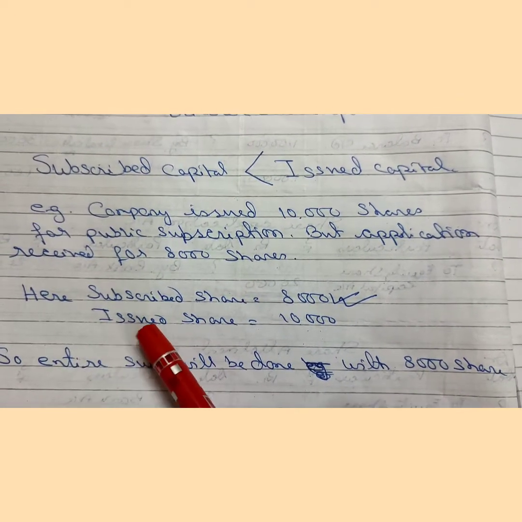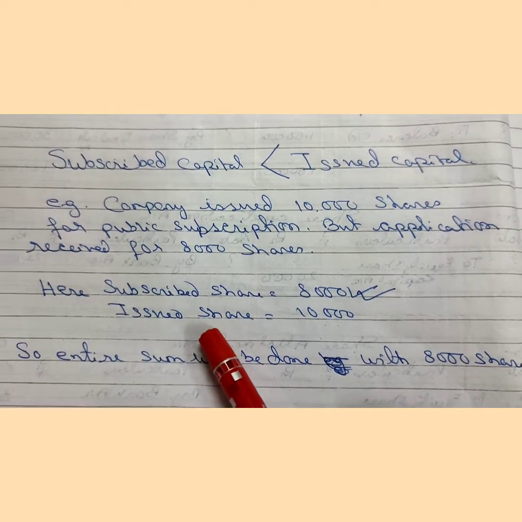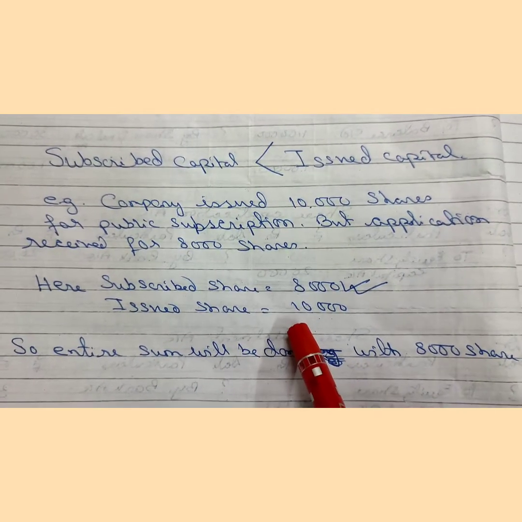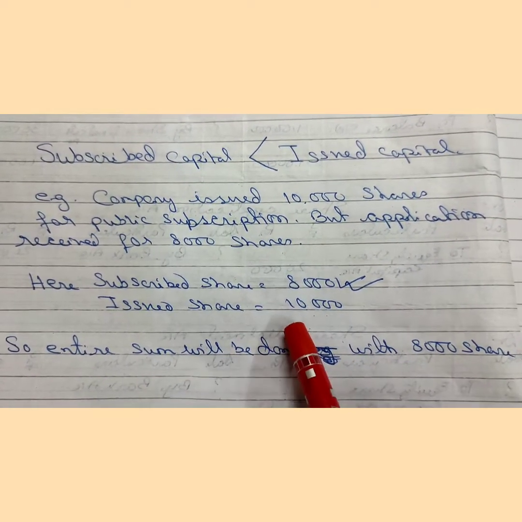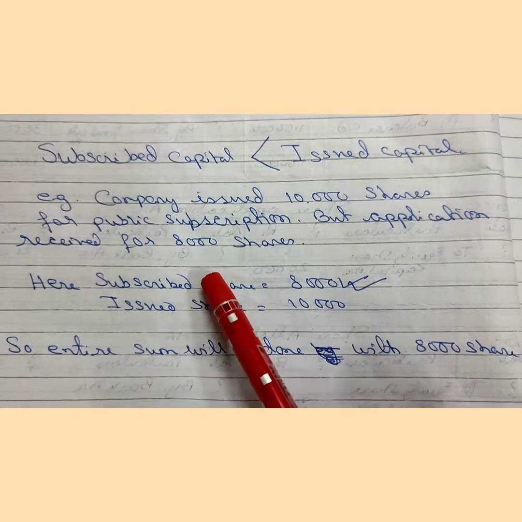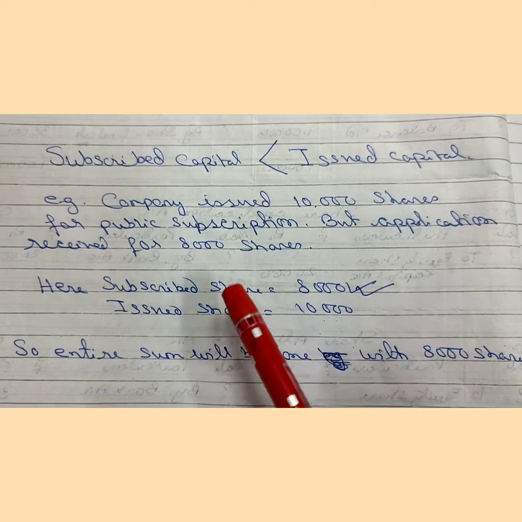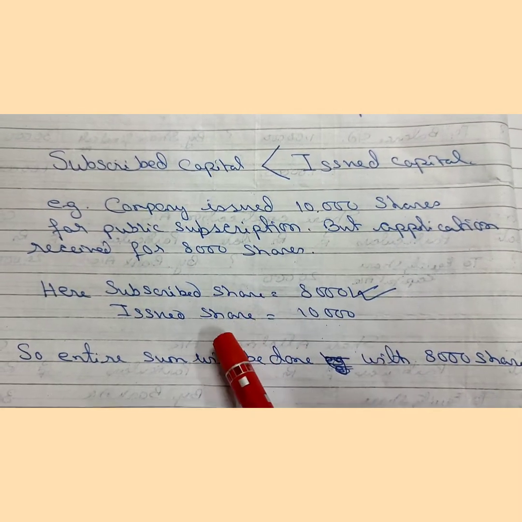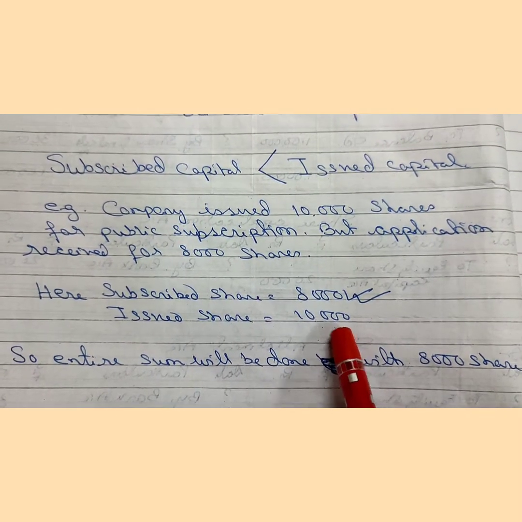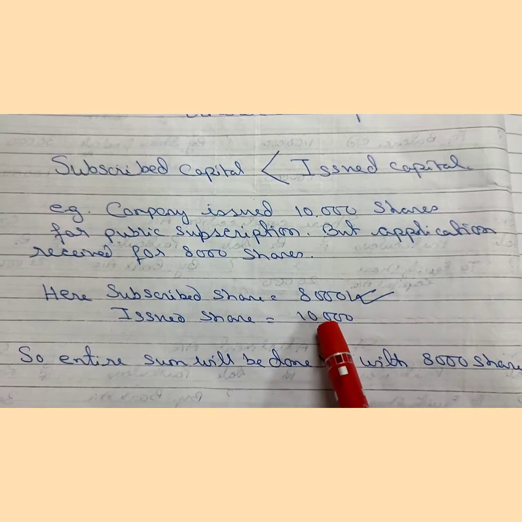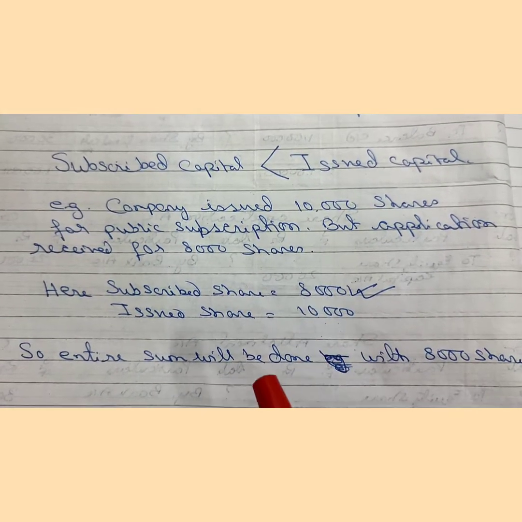Suppose the issued shares by the company are 10,000 shares, and the public subscribed for 8,000 shares. In this case subscribed share is less than issued share, so these 2,000 shares are called under subscription.